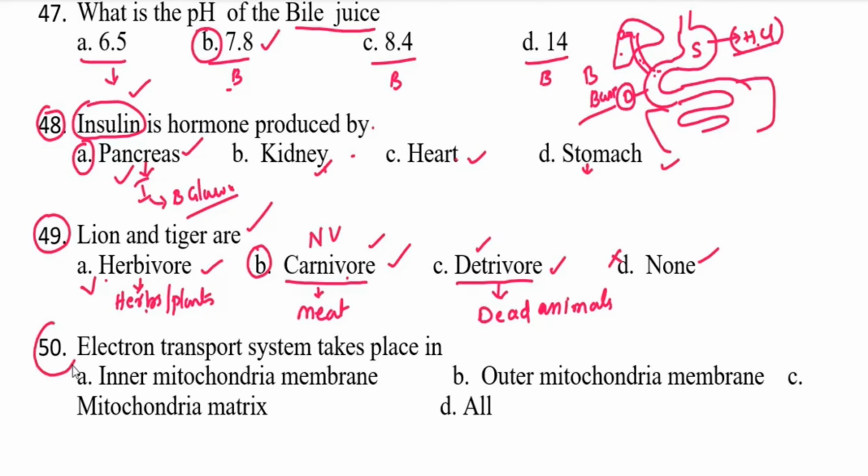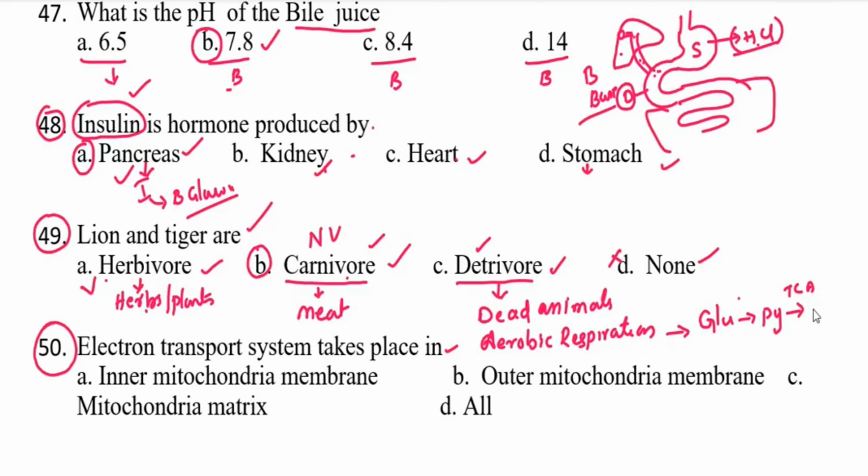Coming to the 50th question. Electron transport system takes place in. Actually, this is a mechanism of aerobic respiration. In aerobic respiration, what happens? Glucose is converted into pyruvate by glycolysis, and pyruvate enters the TCA cycle.